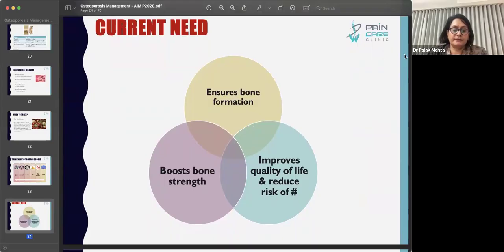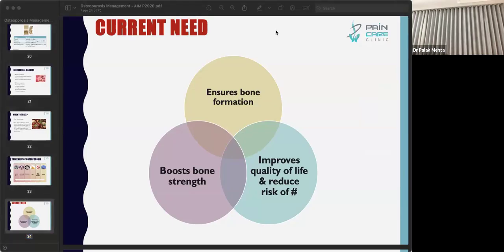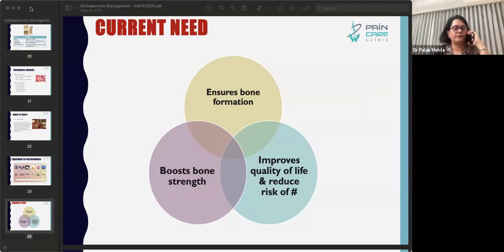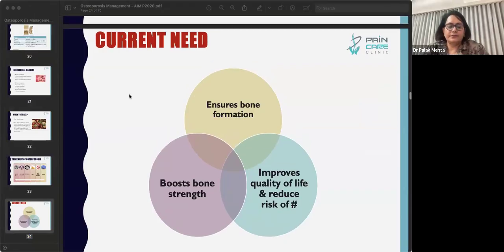Just a minute. Okay. So it boosts the bone strength.